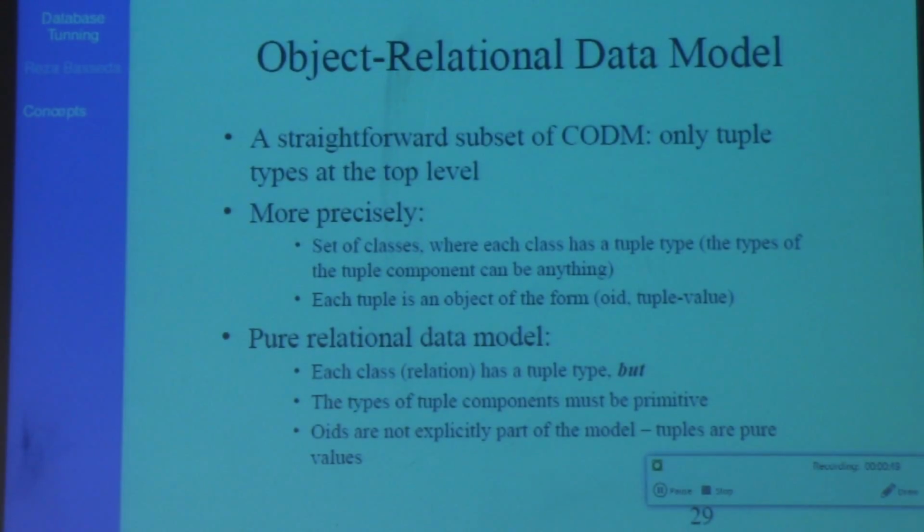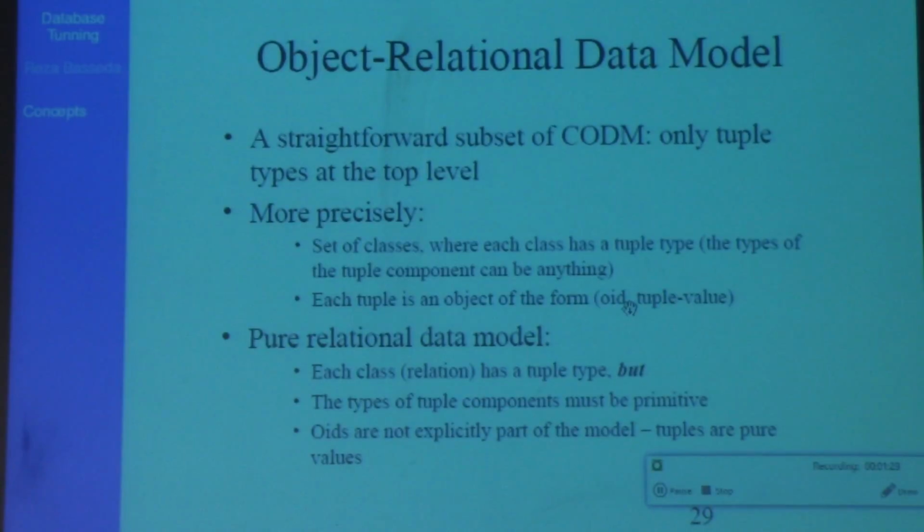Here you can have sets now, for example sets of phone numbers, so you can add nested parts in the object relational data model. Moreover, here you have this object ID. We don't have any object ID in relational. You have tuples, and that's it, and tuples are primitive types only, but here they can have complex types.